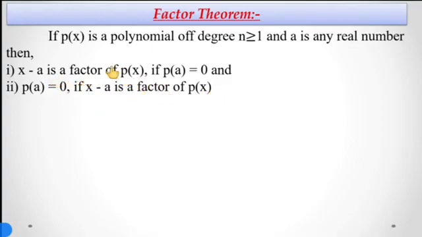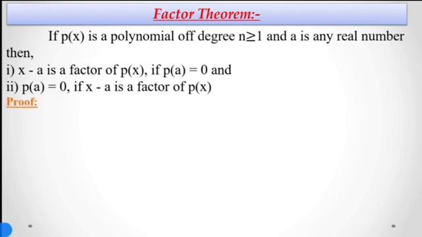There is not much difference in these two statements, both are the same, but here if x minus a is a factor of p of x, then it should be p of a equals 0, and if p of a is equal to 0, then we can say that x minus a is a factor of p of x. So this is the statement of factor theorem. Let's see the proof of this theorem now.